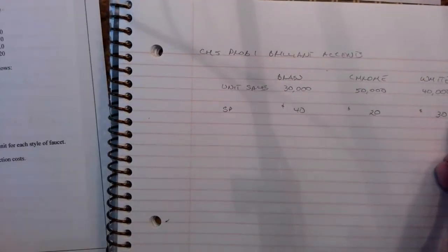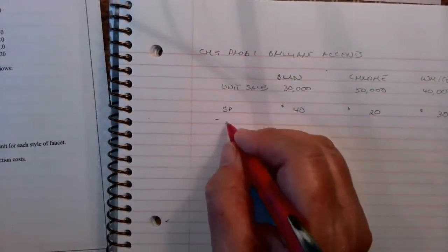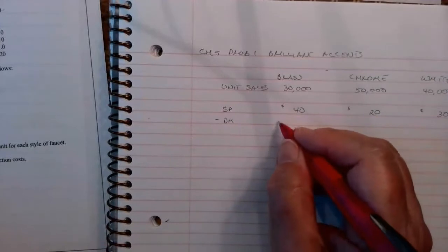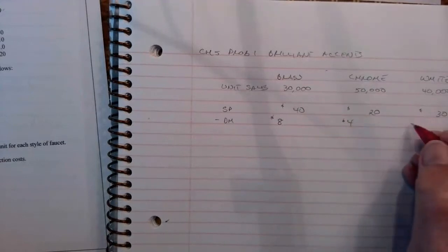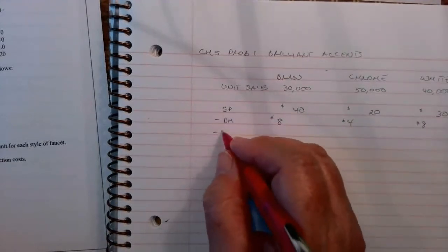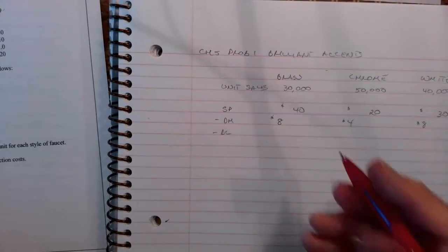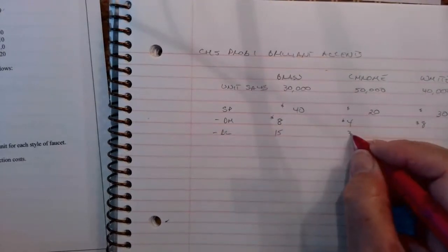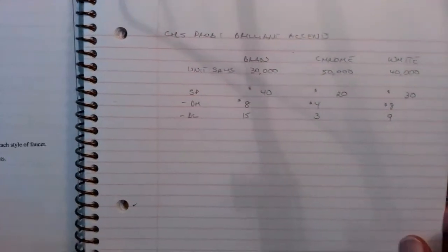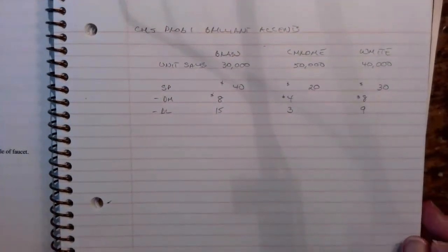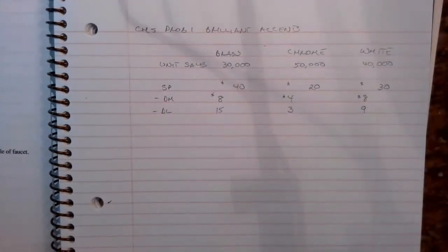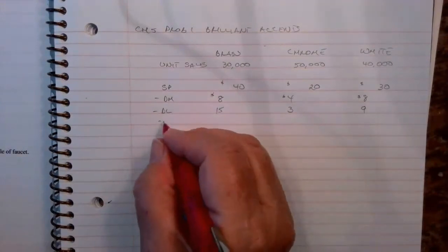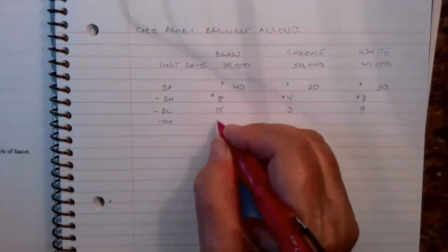And then we've got costs. We've got direct materials, less direct materials, which is 8, 4, and 8. Less direct labor, which is 15, 3, and 9. And then overhead, the traditional overhead, that was $12 per unit, and 3 and 9.